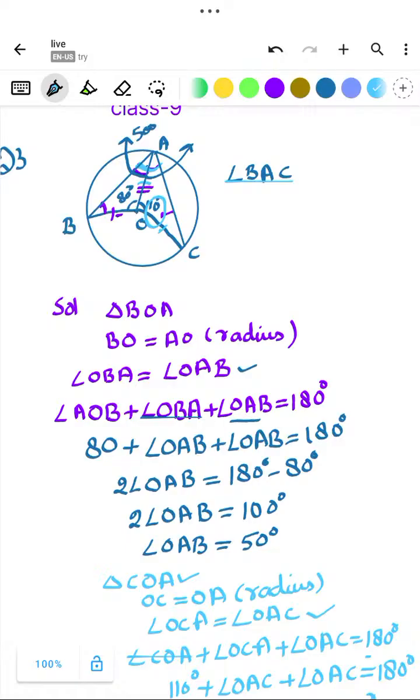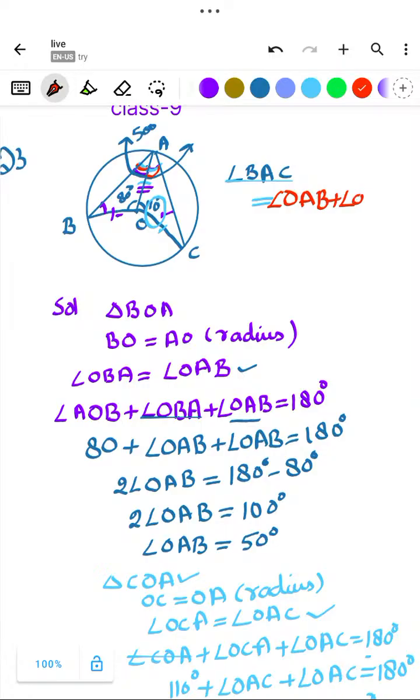So angle BAC can be written as angle OAB plus angle OAC. So BAC is equal to OAB plus angle OAC.